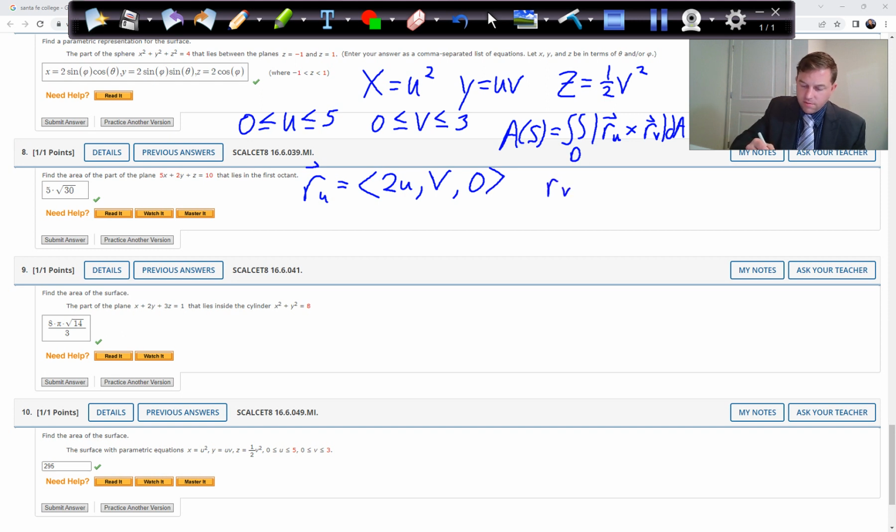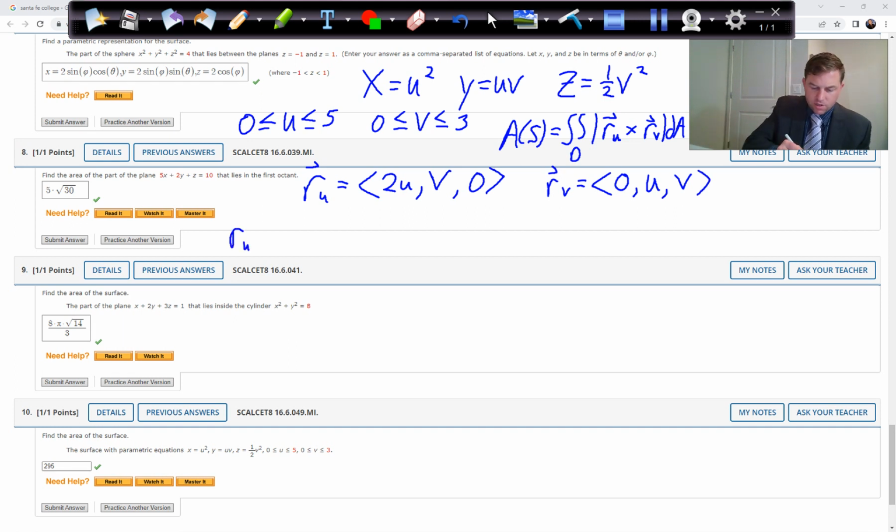Then we have RV, which would be partials of those same three equations, but with respect to v now. Partial derivative of x with respect to v, there are no v's, so that's 0. Partial derivative of y with respect to v would be u. So v is a variable, u is a constant, the v goes away. Partial derivative of z with respect to v, the 2 would come down, cancel with the 1/2, subtract 1 from the 2, it's just v.